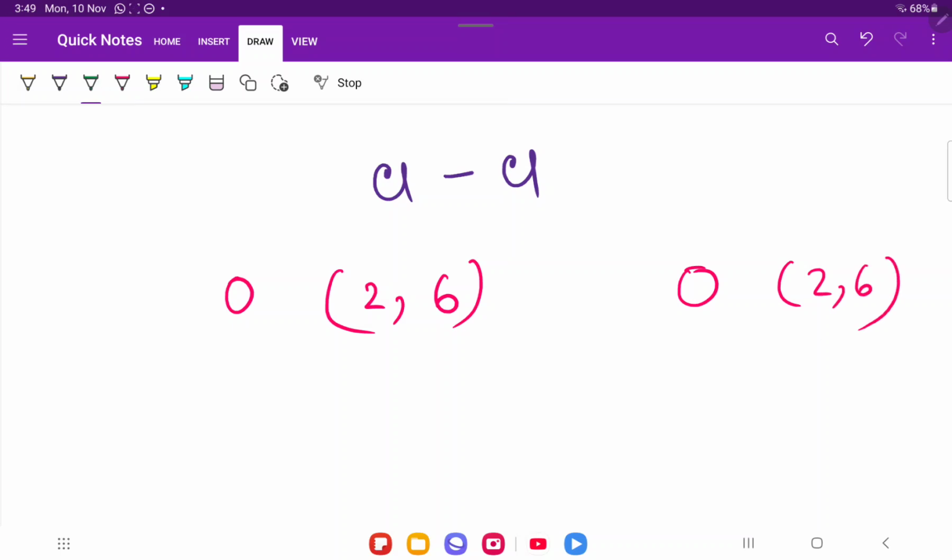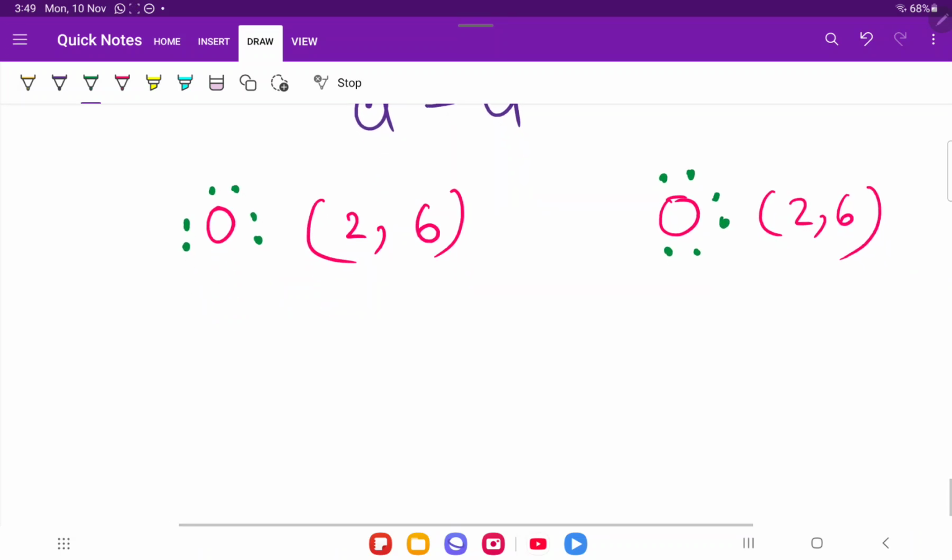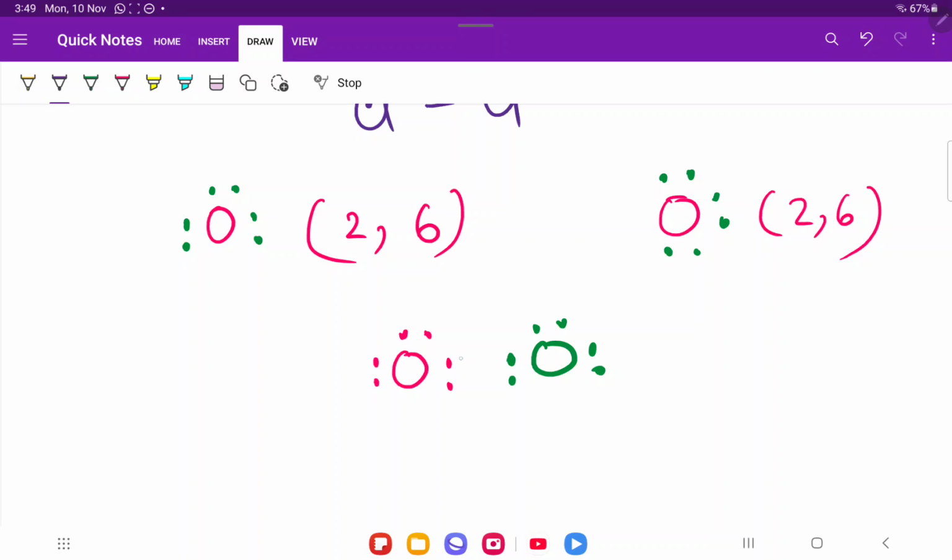They have agreed with this 1 2 3 4 and 5 6. In the other case also 1 2 3 4 and 5 6. Now they are basically sharing their electrons.